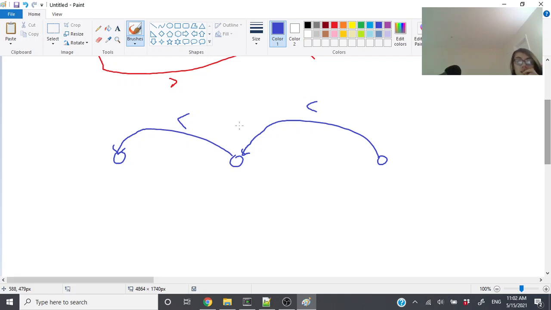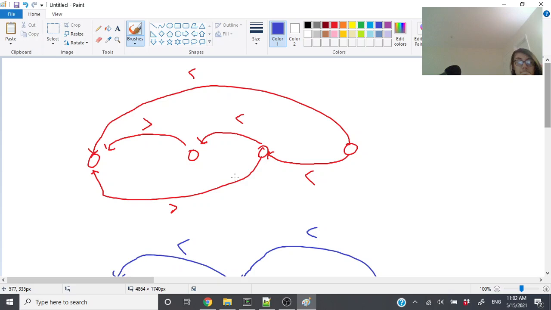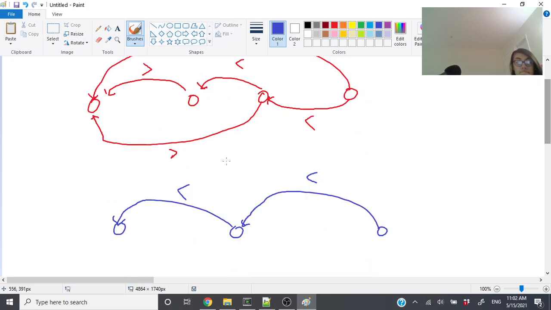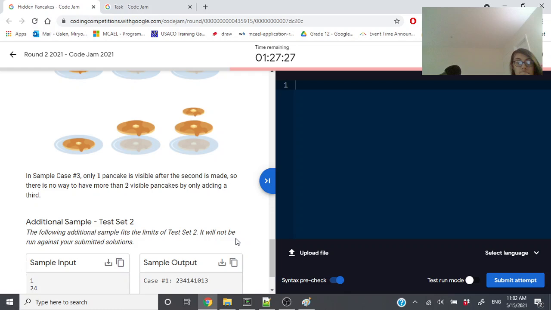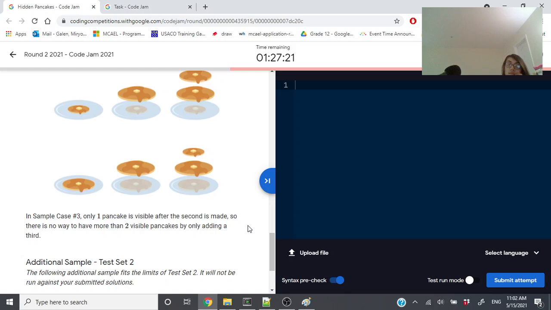I never understand how to do problems like these with them. So I guess we'll find out today. Yeah, sample 3 is impossible.